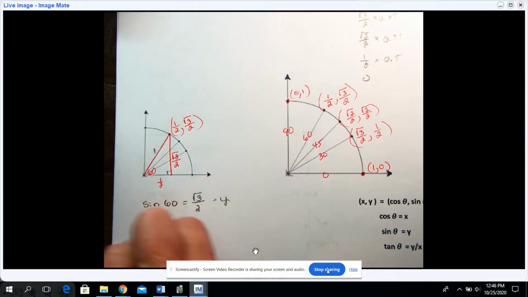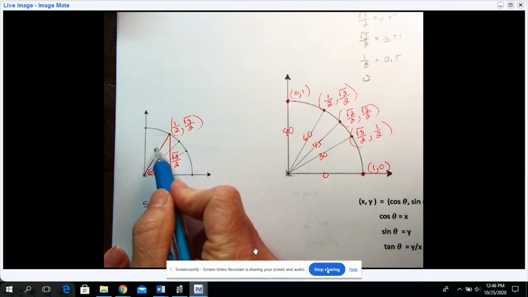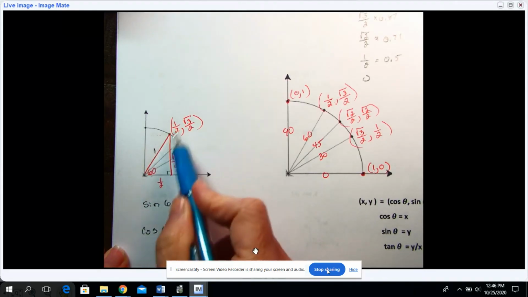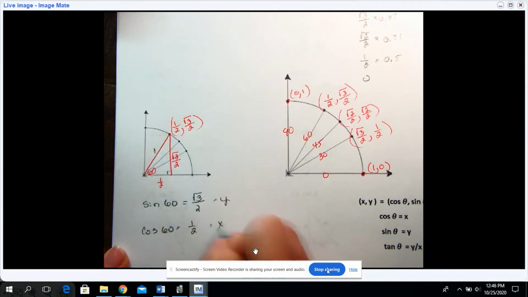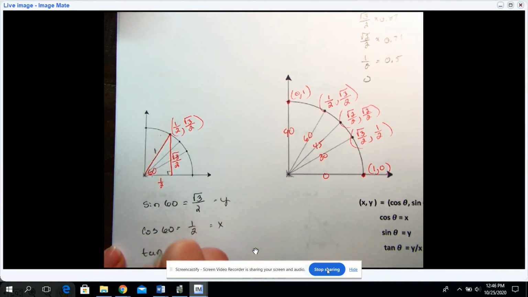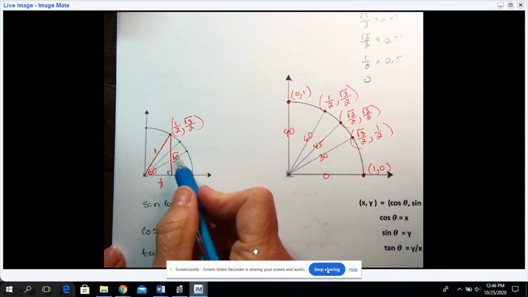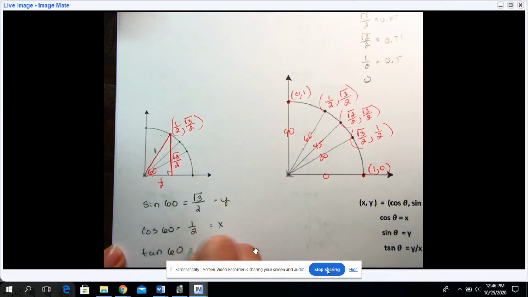If I look at the cosine of 60, the cosine of 60 is adjacent over hypotenuse. So 1/2 over 1. So that would be 1/2. And then what is that? That is the x value. And then the tangent of 60. What is tangent? It's opposite over adjacent. So if I said the square root of 3 over 2 divided by 1/2.